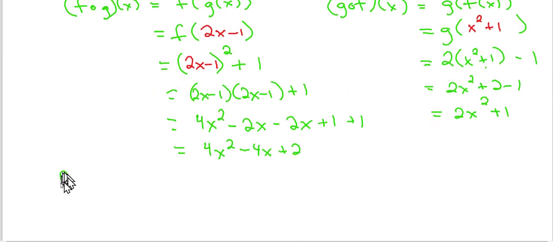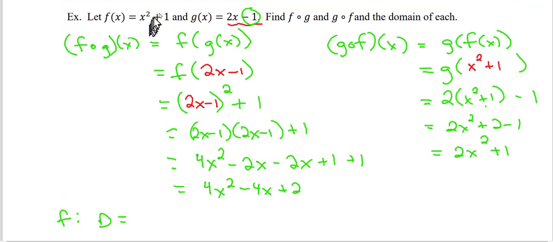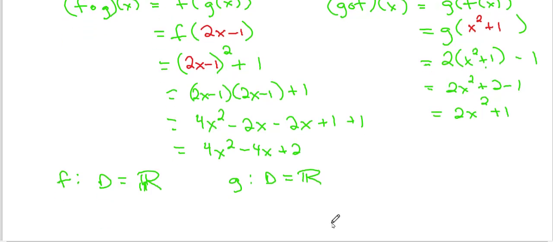The domain of f is all real numbers, right? Here, no restrictions. Sometimes we write all real numbers with this capital R with the double line here. G, the domain is the same. That's just a line. No restrictions there.